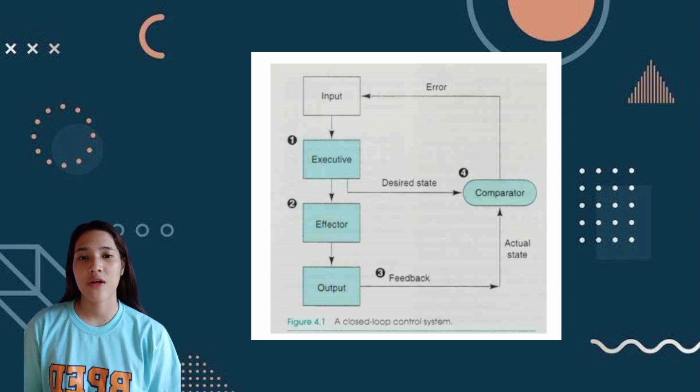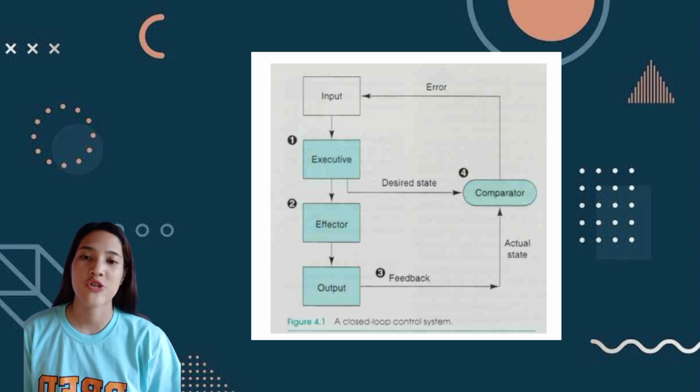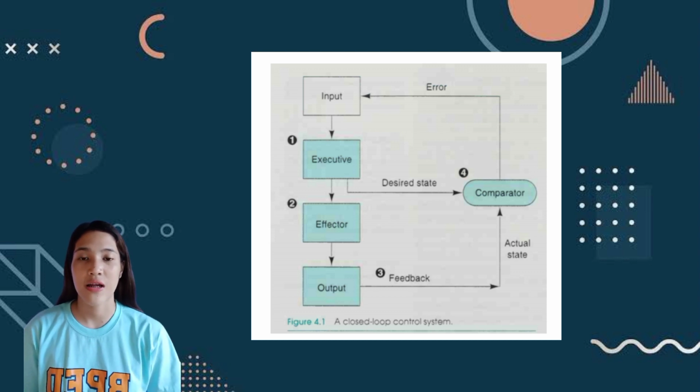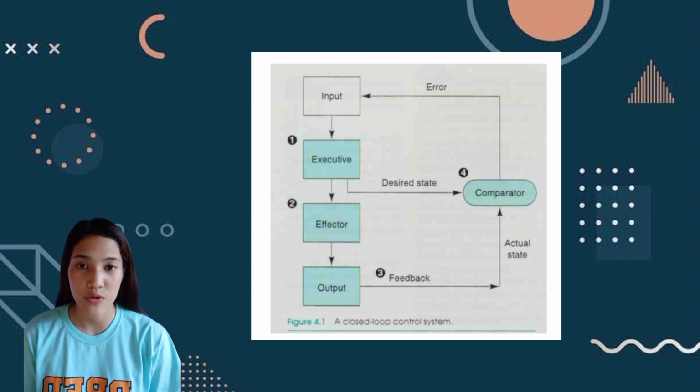So, paulit-ulit lang yung process ng closed loop control system. Una, dadaan siya sa executive, after the executive, effector, after the effector, feedback, and the last, the comparator. So, vice versa lang siya. So, yan yung function ng 4 components ng closed loop control sa isang bata na nagko-color.